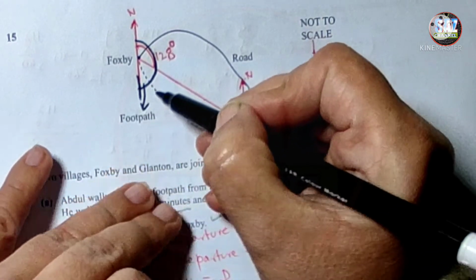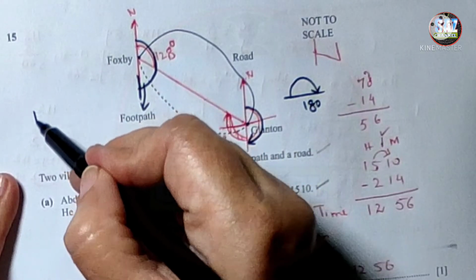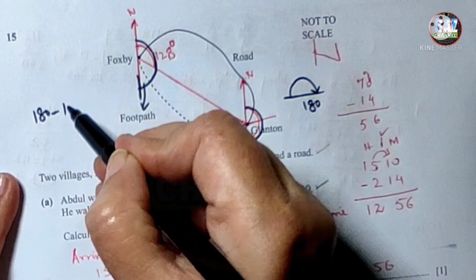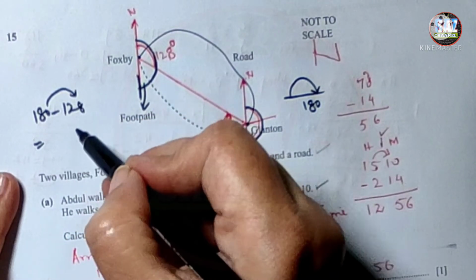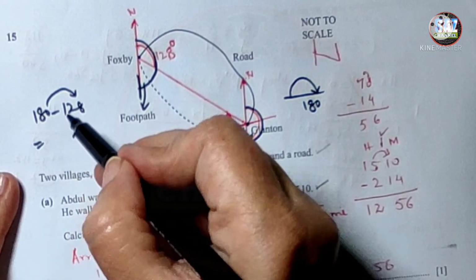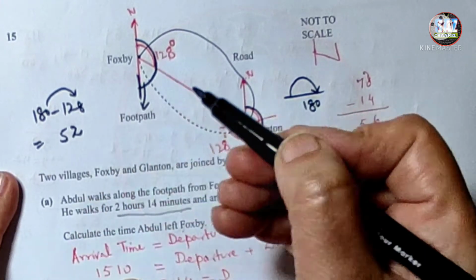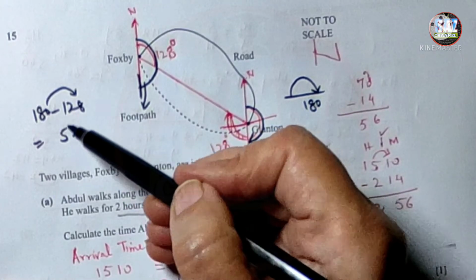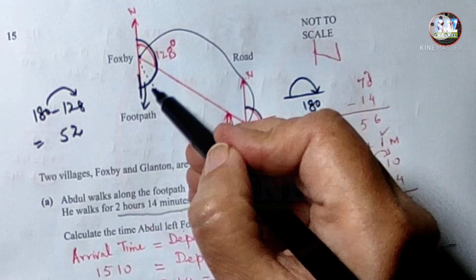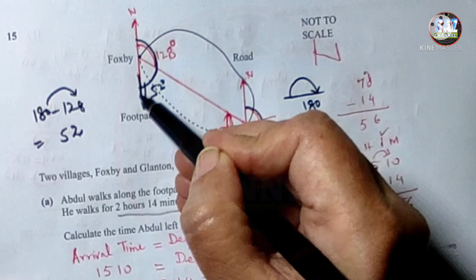If I'm finding this turn, this is 180 minus 128, and that gives me 52 degrees. Let me confirm it: 10 minus 8 is 2, and 7 minus 2 is 5. 52 degrees over here.